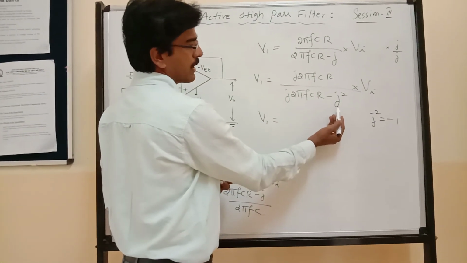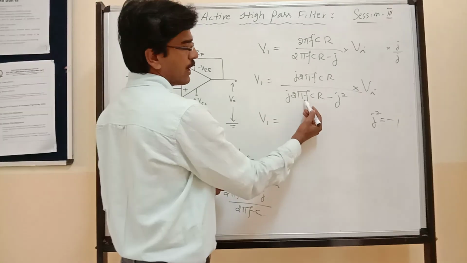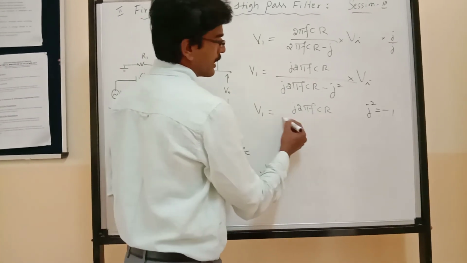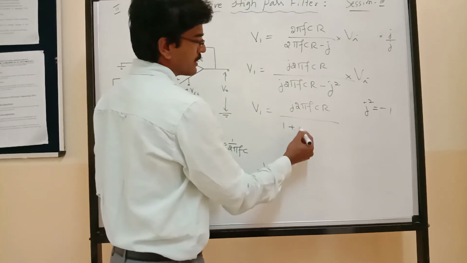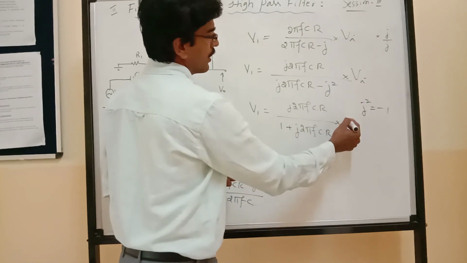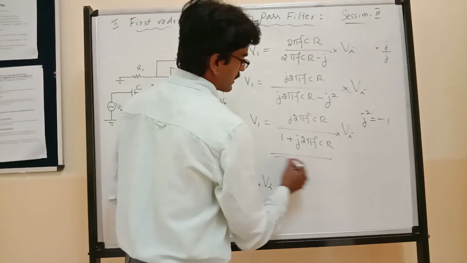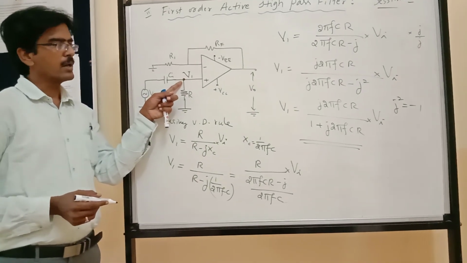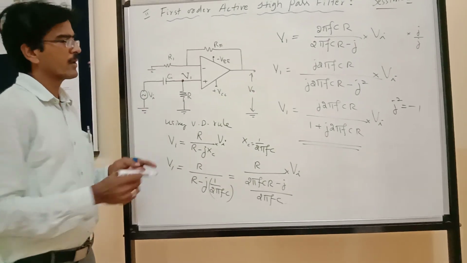So the denominator becomes 1 plus j 2 pi FCR. So j 2 pi FCR in the numerator, denominator is 1 plus j 2 pi FCR into Vi. This is the equation for voltage at non-inverting terminal of op-amp.